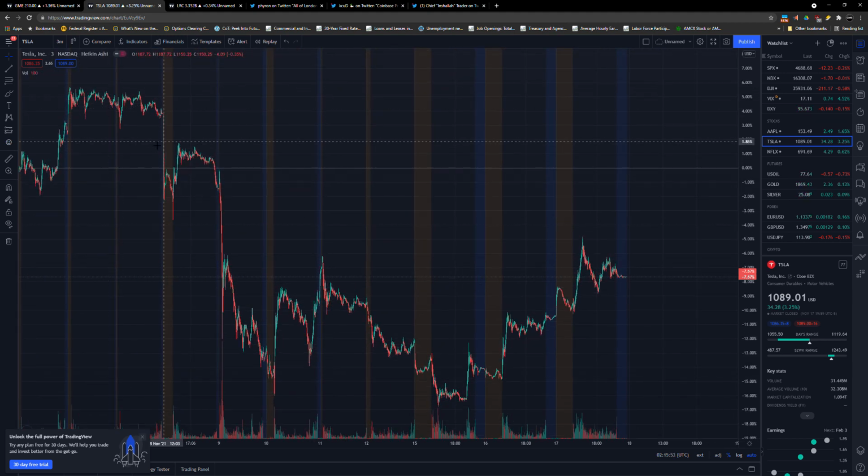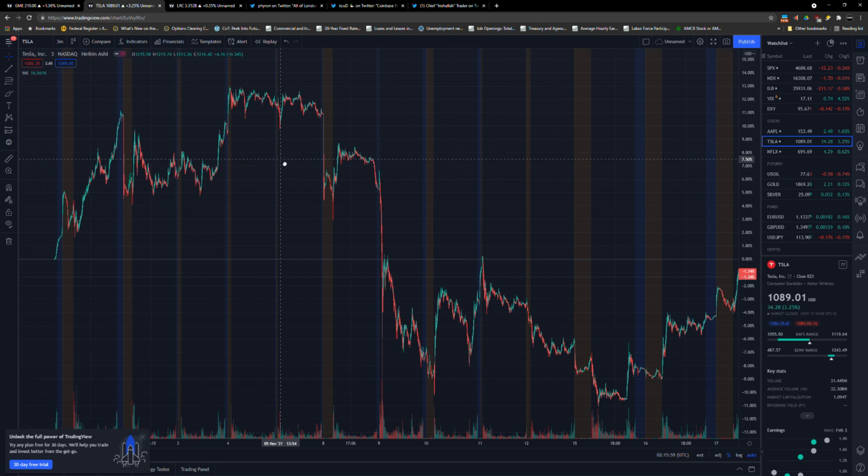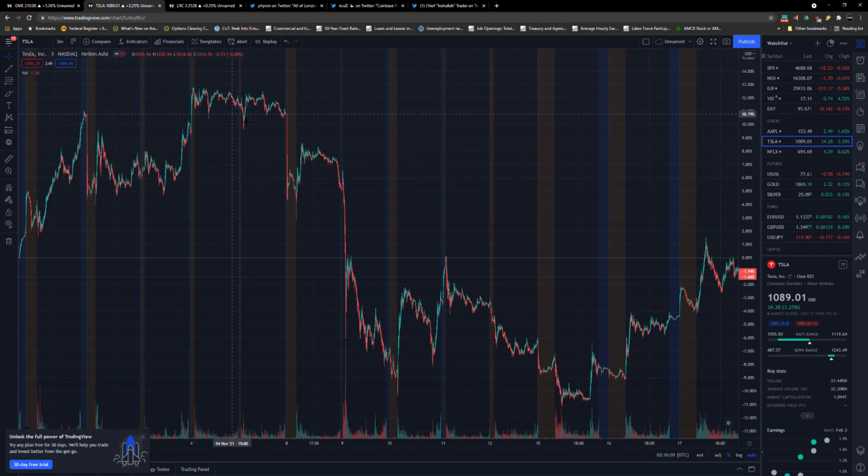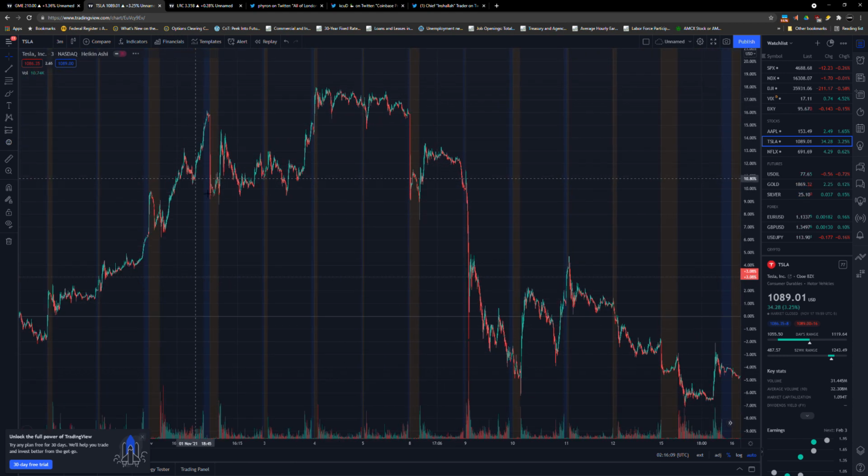So this was, I think, the Monday when Elon announced that he would be selling his shares. Yeah, this is the Monday, and it barely went down. If you check the dark pool data, wait, was it? Hang on, which day was it?